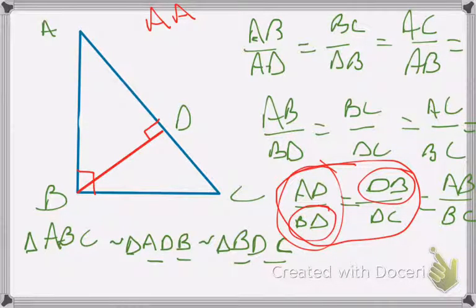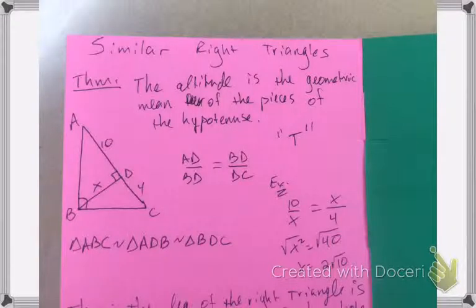But I wanted to let you know that these proportions that we're going to start writing from these theorems do come about from similar triangles and matching up the sides from those triangles. Okay? That being said, without any further ado, let's get into what you want to put in your foldable. In the next page in your book, we're going to write in the similar right triangle theorems. Okay?